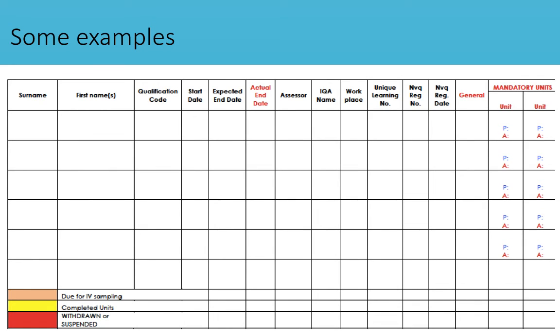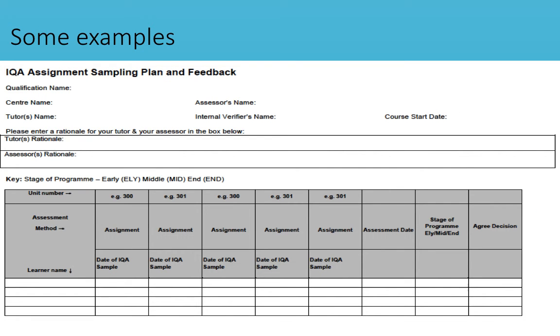Here are some examples of IQA planning documents. Straight away in this document, you can see how much of the information we have been discussing is in here. This is the first half of a two-part sample planning document.